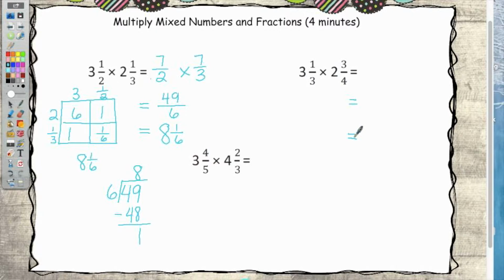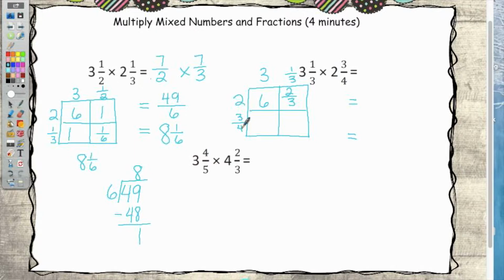Okay, so if I put this on the area model, you do not have to write this. I'm just showing you the difference, okay? So it's going to be 3 1/3 times 2 3/4. 3 times 2 is 6. 2 times 1/3. 3 times 3/4.